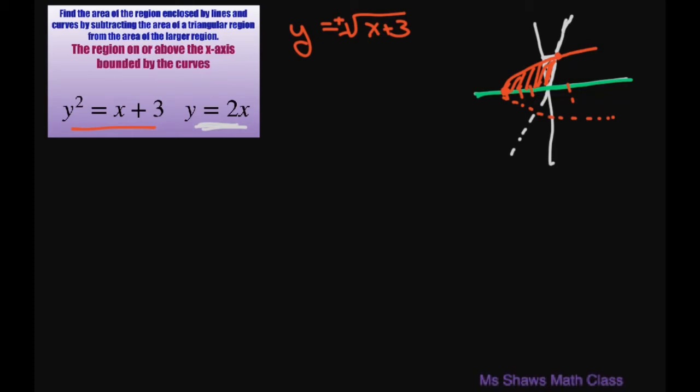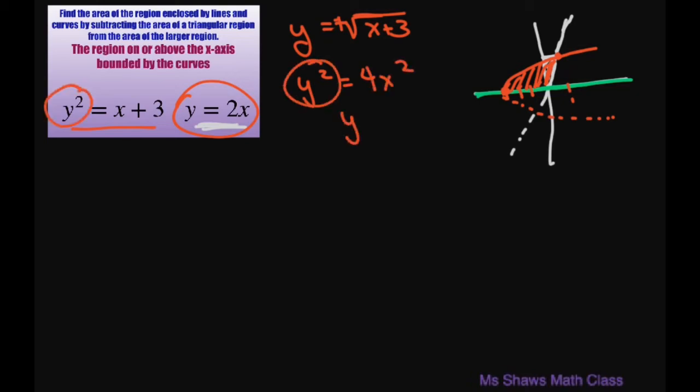So let's look and see when we set these equal to each other. We're only going to have the plus. What I do is I just square both sides. So I'm going to get y squared equals 4x squared.